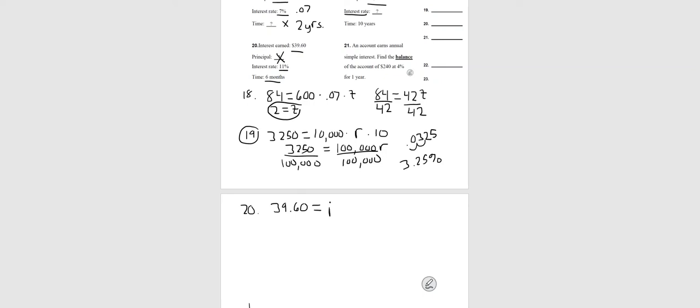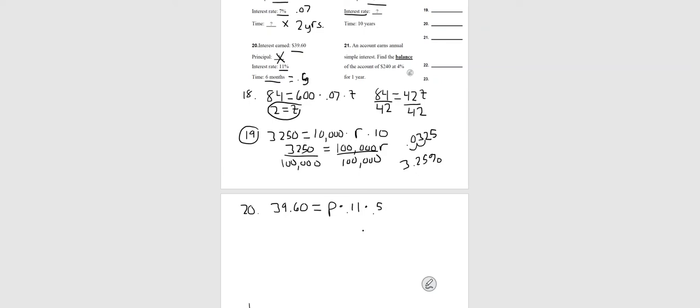We know the rate is 11%, so that would be 0.11. And we know the time is 6 months, which in years is half of a year. So we change that to 0.5, because remember, time is always time in years.